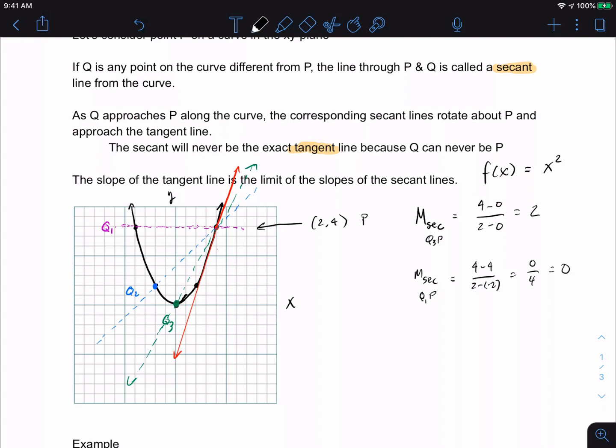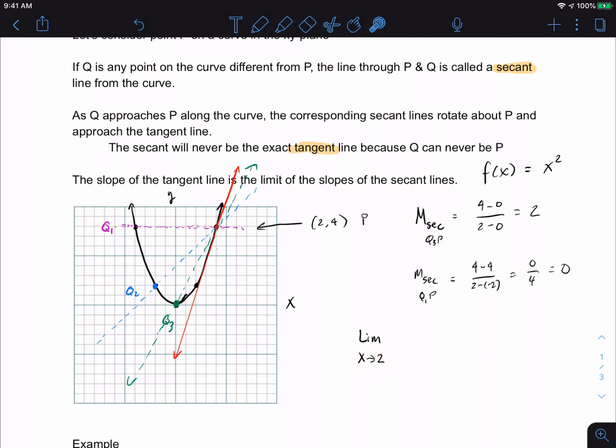So we notice as we're moving, we have different slopes. But something important that comes into play is, if we use our function, we'll go the limit as we approach 2, as x goes to 2. So what's happening here is my Q1 is over here for x, then it shifts over here, then it shifts here, then it shifts here, and we're trying to get closer and closer to this x value of 2.